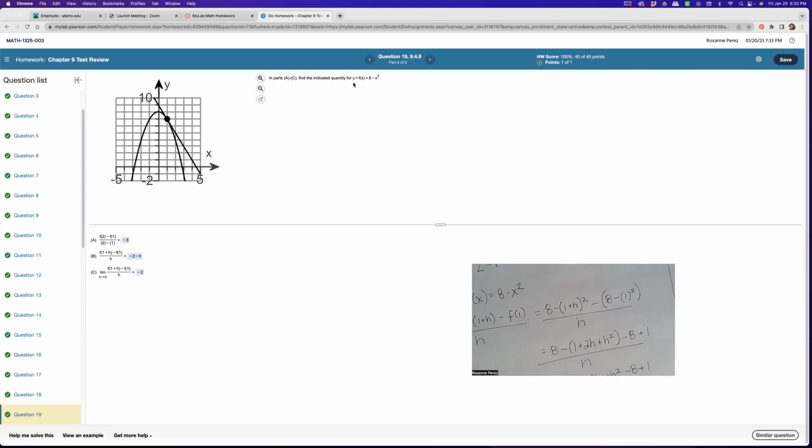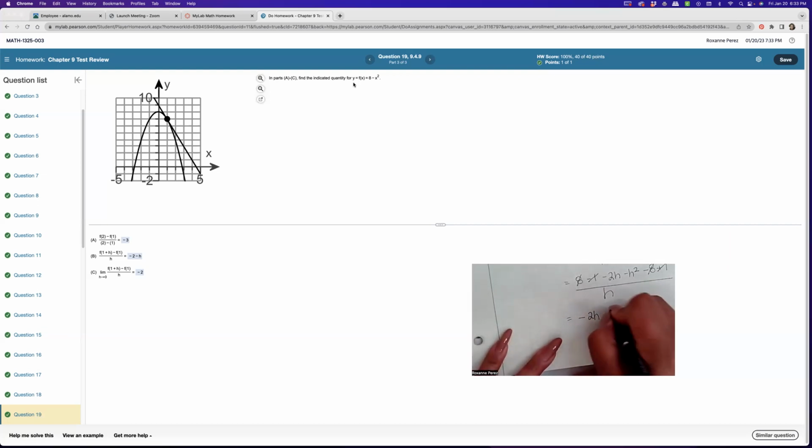Here I'm going to combine like terms, which means this 8 is going to cancel this -8, this -1 is going to cancel this +1, and all I'm left with is -2h minus h squared divided by h. I'm going to reduce each of these terms and divide by h. So that's going to leave you with -2 minus h. Okay, so that's part B.